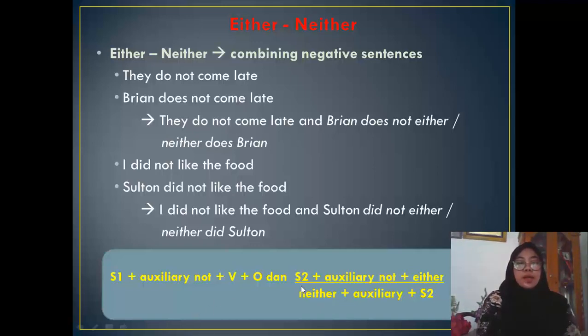Subject, second subject plus auxiliary plus not plus either. And if you want to use neither: neither plus auxiliary plus the second subject. What you must know is that neither comes from not plus either.